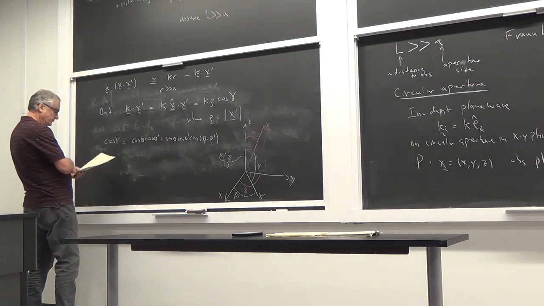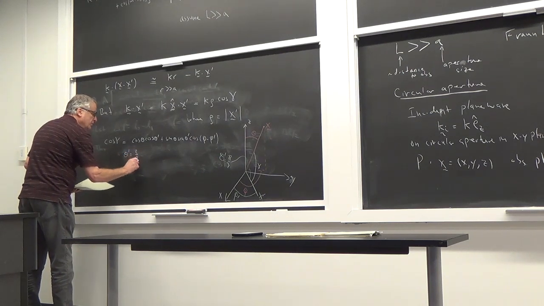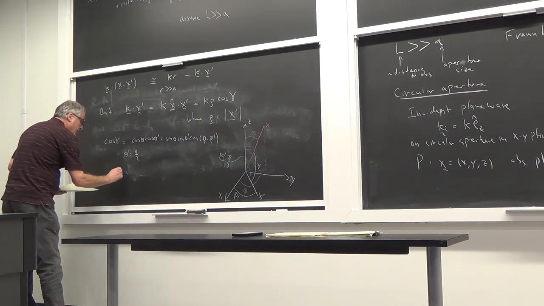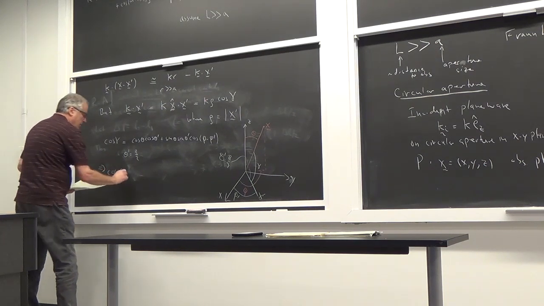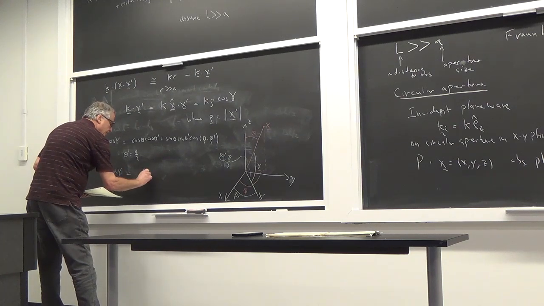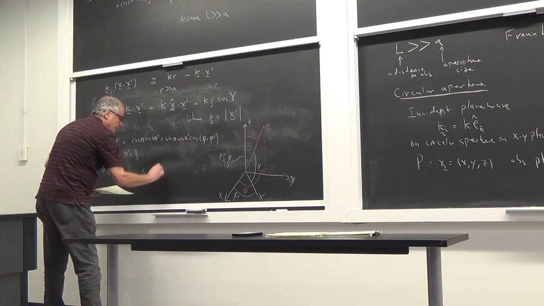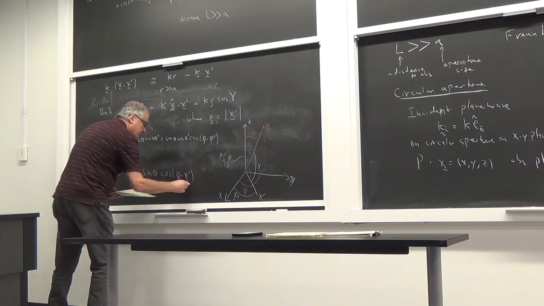Okay, so theta prime is equal to pi over 2, so this first term goes away, as cosine pi over 2 is 0, and so you get sine theta times 1 times cosine phi minus phi prime.